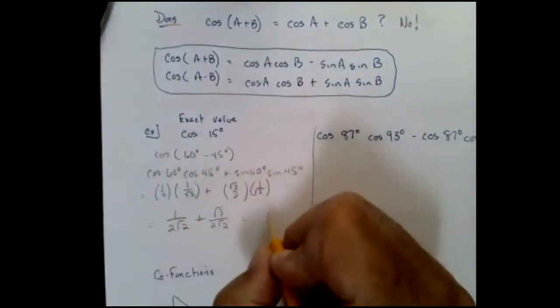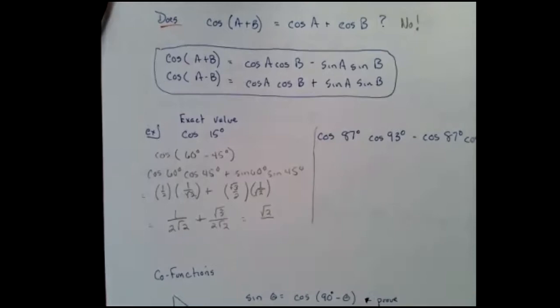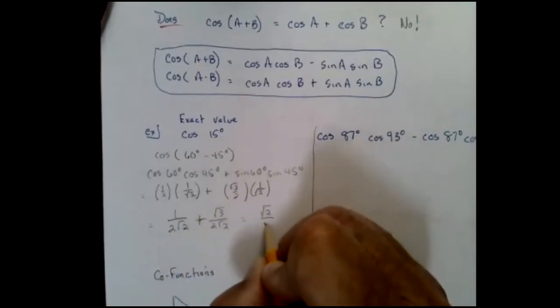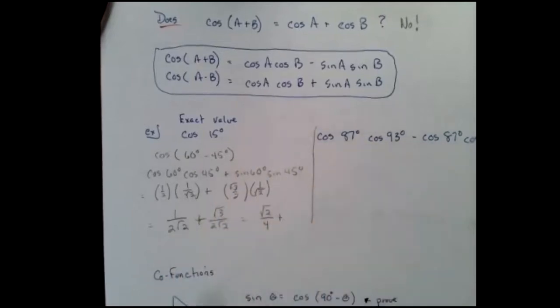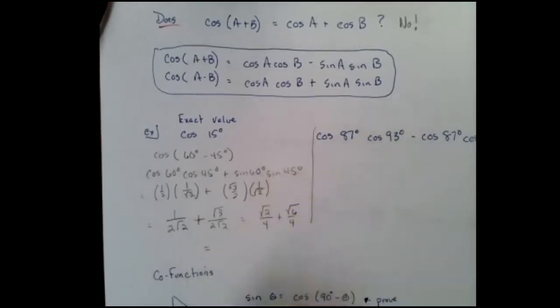This is going to be square root of 2 over... because if I multiply the top by square root of 2, I'm going to multiply the bottom by square root of 2. It looks like my denominator is going to be 4. I'm going to multiply numerator and denominator by square root of 2. Looks like I get square root of 6 over 4.